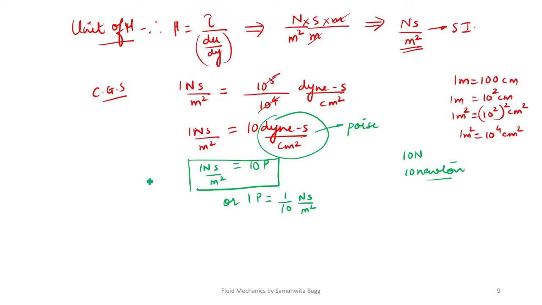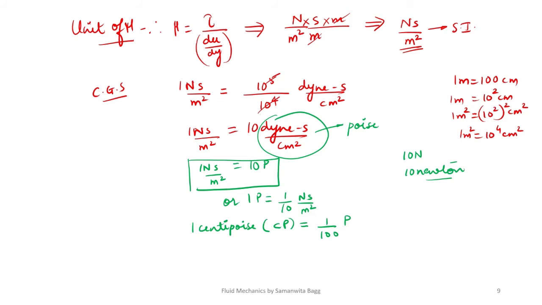Now another conversion that you need to remember is 1 centipoise, which can be written as Cp is 1 upon 100 poise. So this is another conversion to be remembered for solving of numericals, wherein the data is given either in terms of centipoise, poise, or it could be directly in Newton second per meter square.